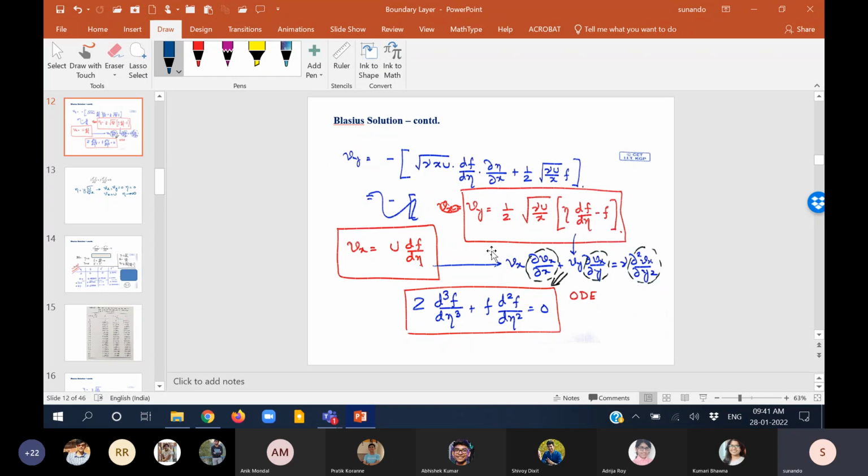And again, looking at the expression, what can you say about any other boundary condition when eta tends to infinity? What happens when eta tends to infinity? Look at these two equations and use your physical understanding.